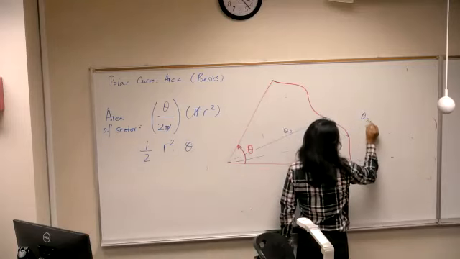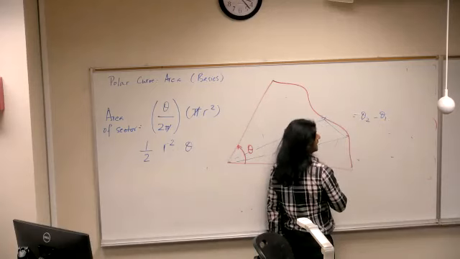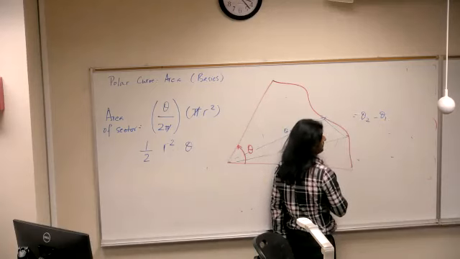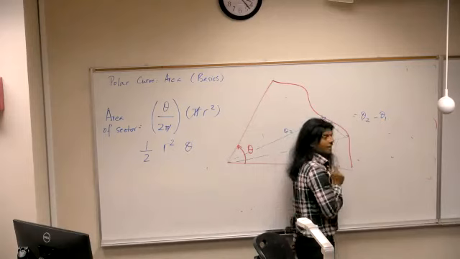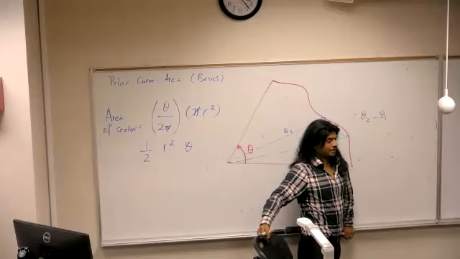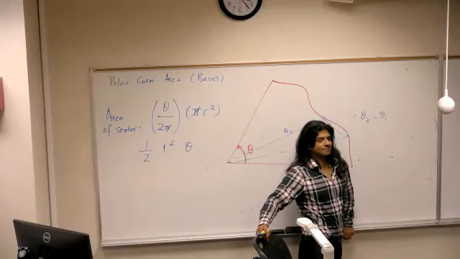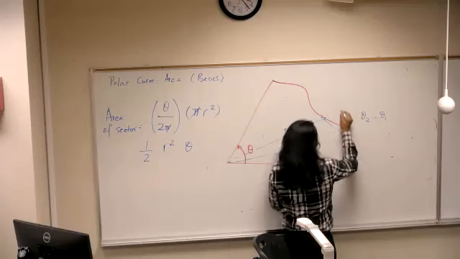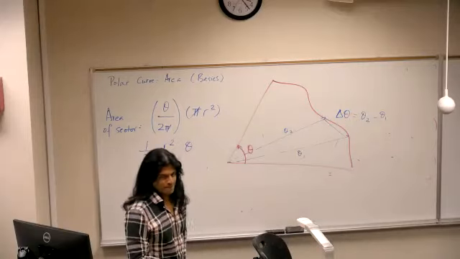Theta 2 minus theta 1. How do we denote the change in angle? How do we denote change in x? Delta x. Change in y, delta y. Change in theta? How about delta theta, right?